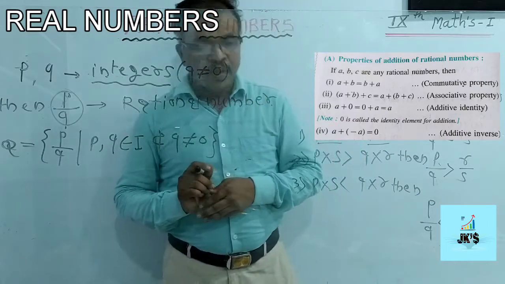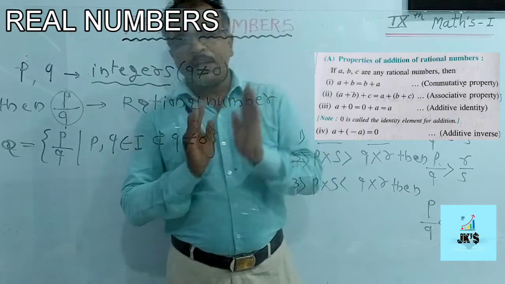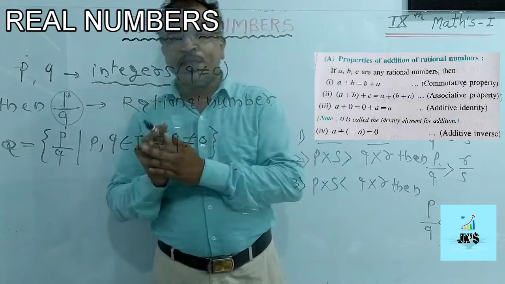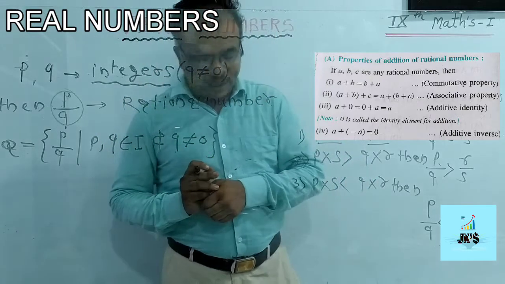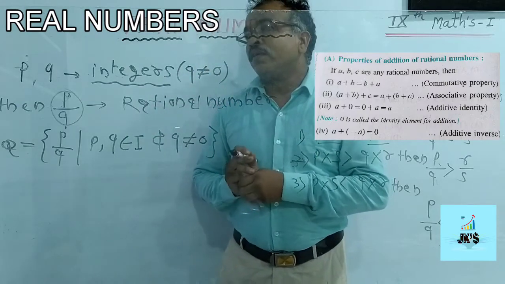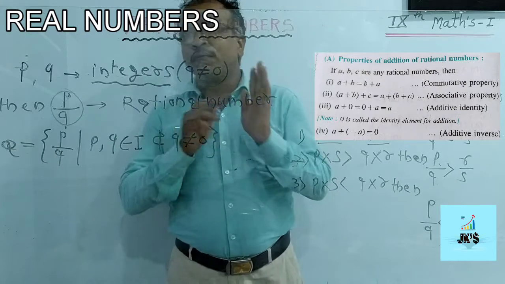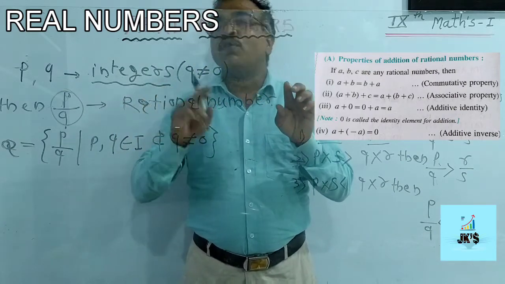Second, (A plus B) plus C equals A plus (B plus C). This is known as the associative property. For example, 2 plus 3 plus 4: 2 plus 3 is 5, 5 plus 4 is 9.